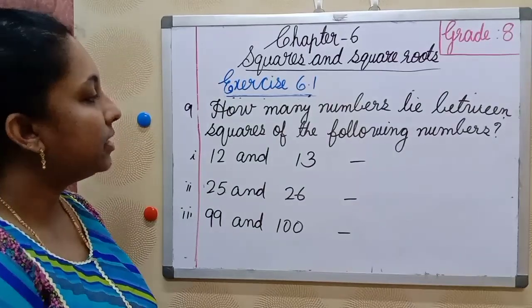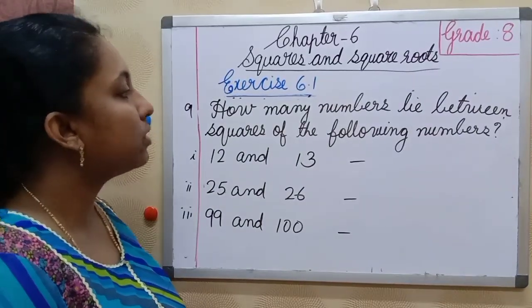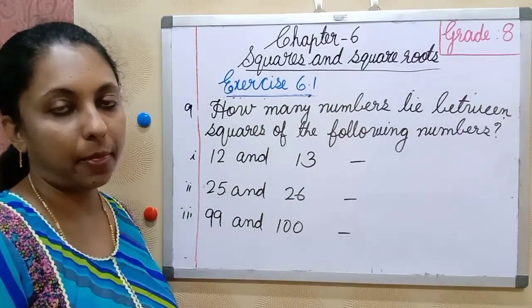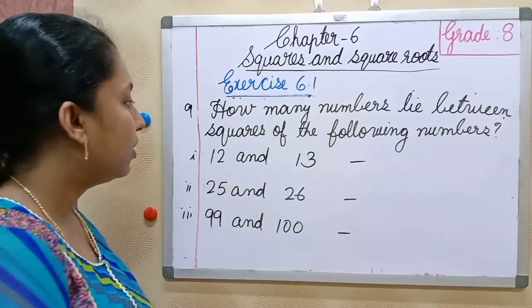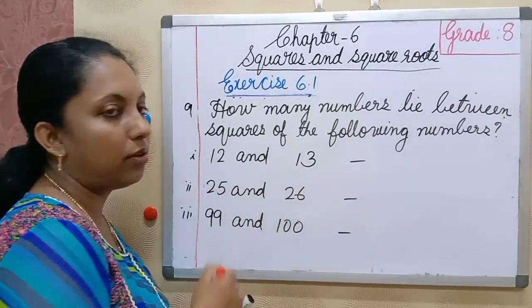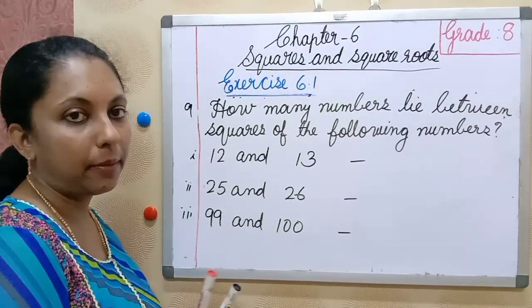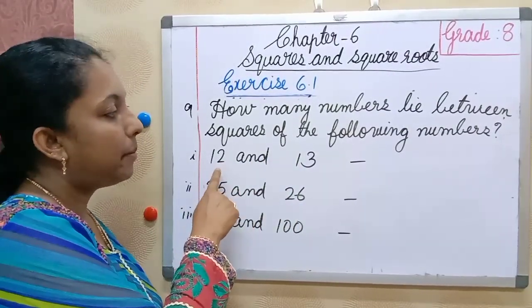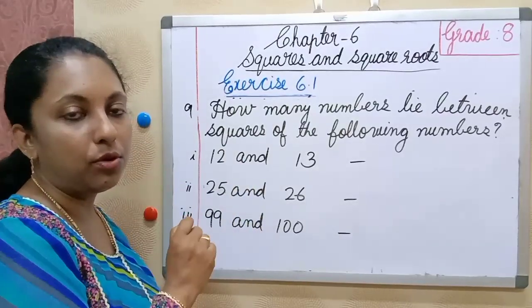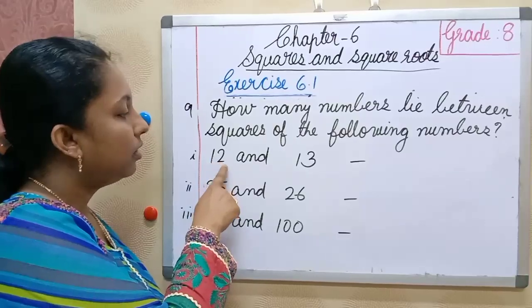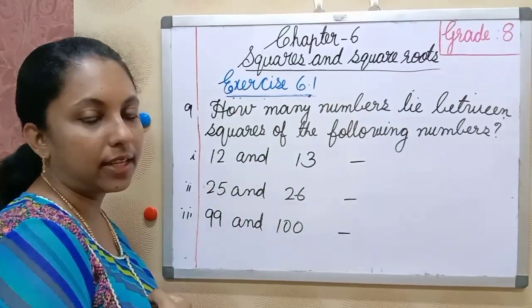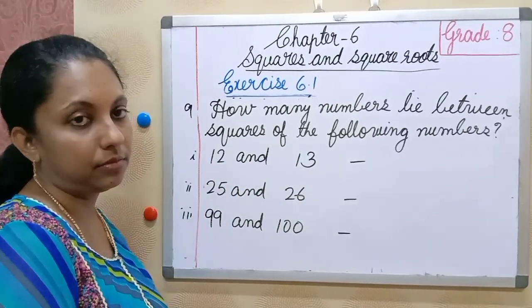How many numbers lie between squares of the following numbers? This type of questions we discussed already. 12 and 13. First one, 12 and 13. What is the equation? Numbers between two perfect squares, that is 2n.